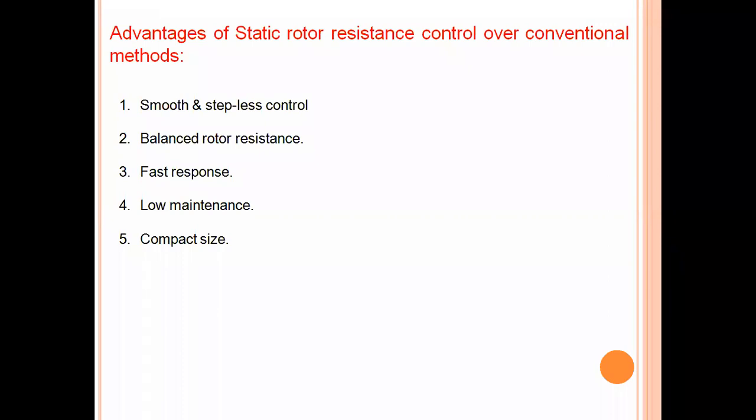Because of the mechanical rheostats, the resistance size will be more, which is weighty and bulky, not compact in size. But with the help of this chopper controlled static resistance, the size becomes very small. So this is also one of the advantages for static rotor resistance control.